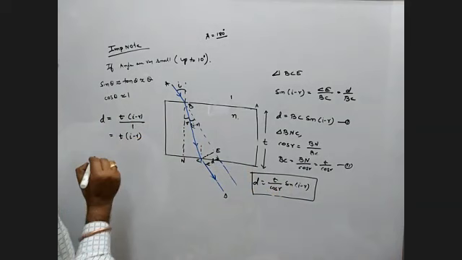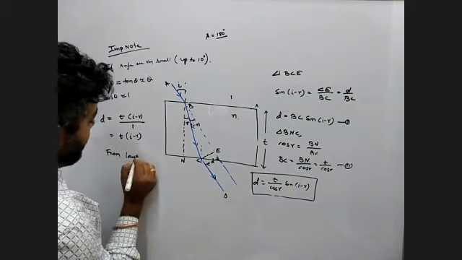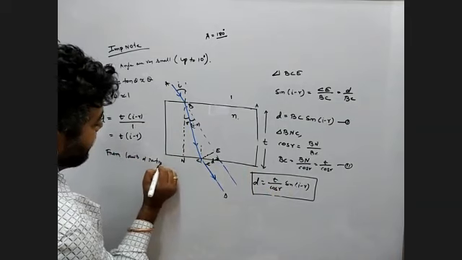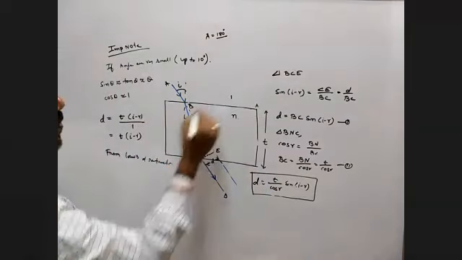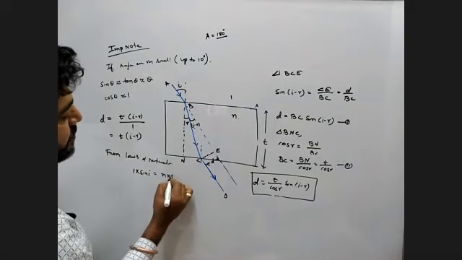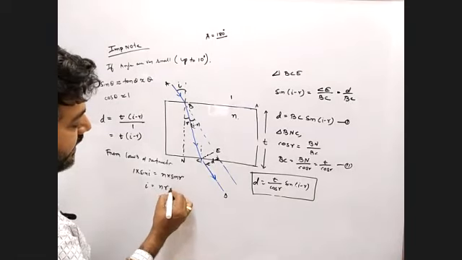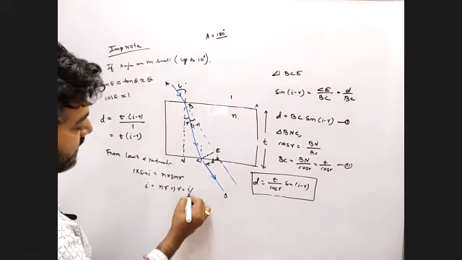And now from the law of refraction, 1 into sine I equals n into sine R. Due to the small angle, R is I by n.